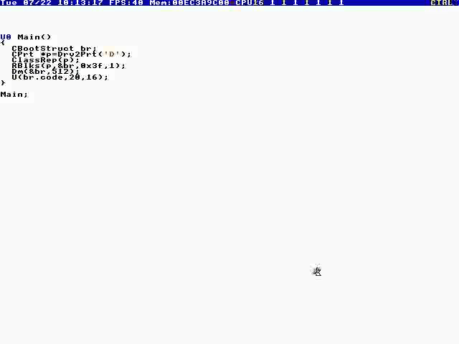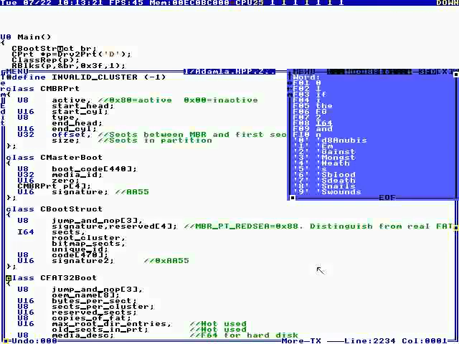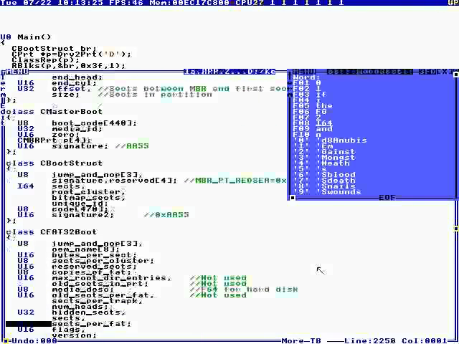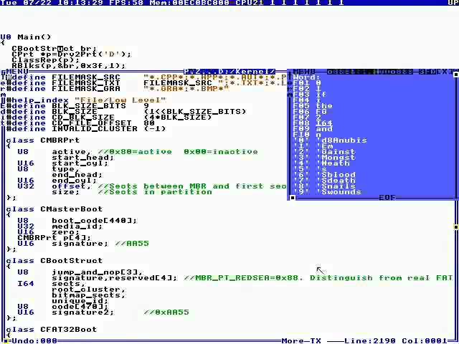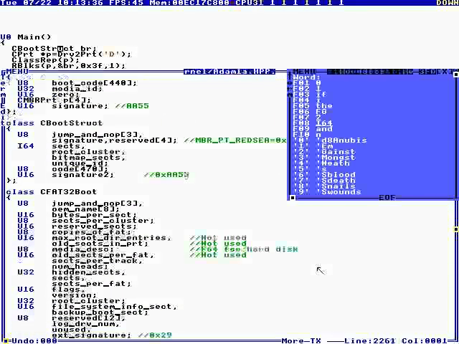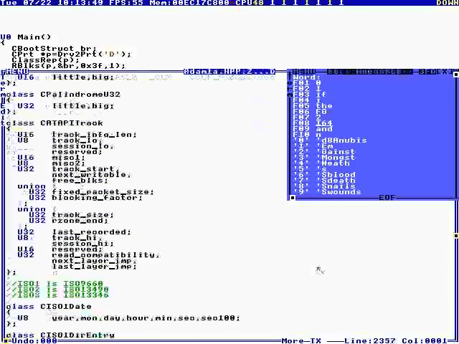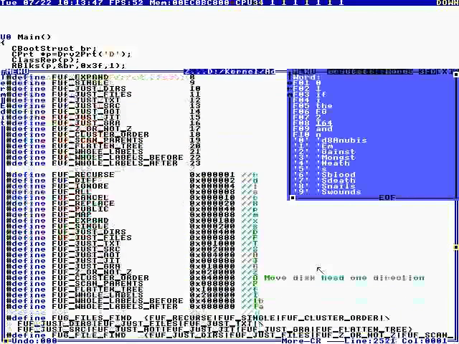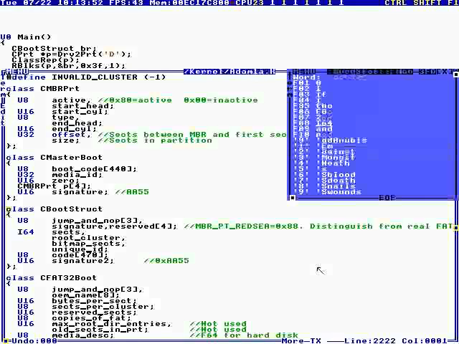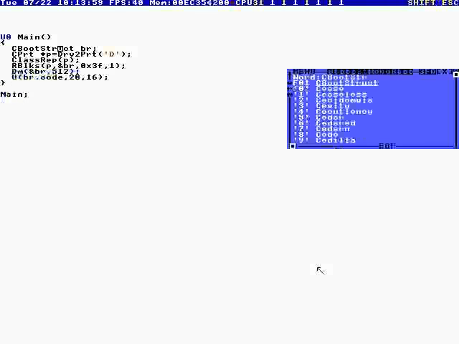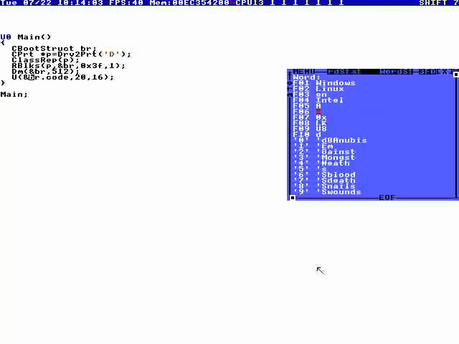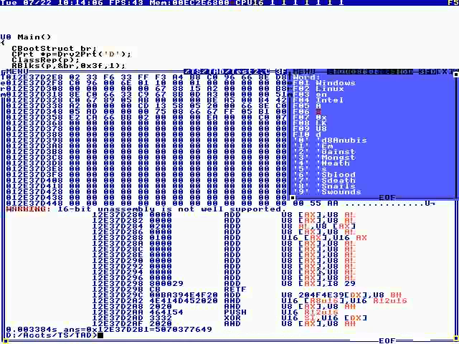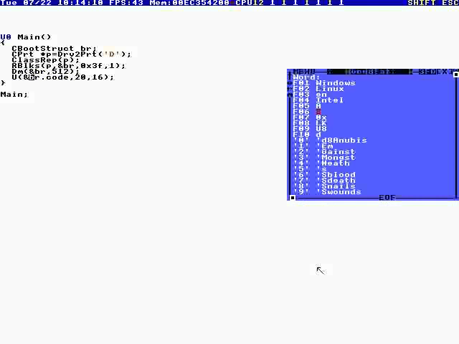Okay, so this is not what we want. I don't know what's going on. What's the offset of code?